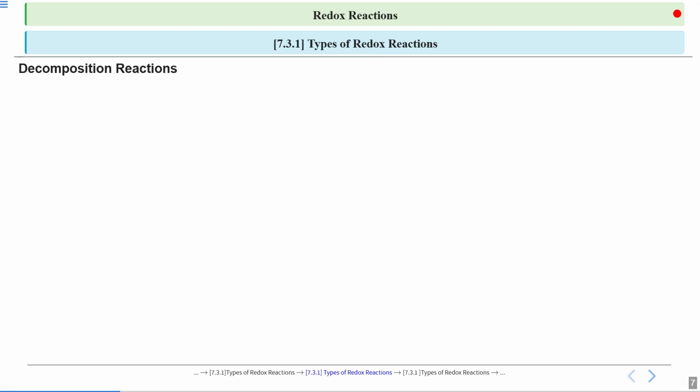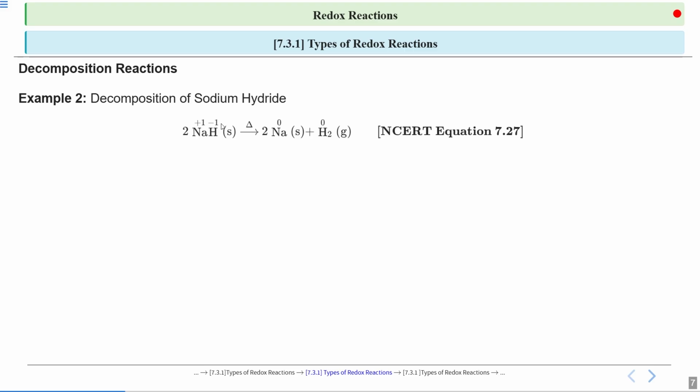Now, the decomposition reactions, example 2. There are two more examples, and in example 2, it is the decomposition of sodium hydride. If we look at the reaction of sodium hydride, you will find that sodium exists in +1 oxidation state in the reactant, while in the product it has 0.